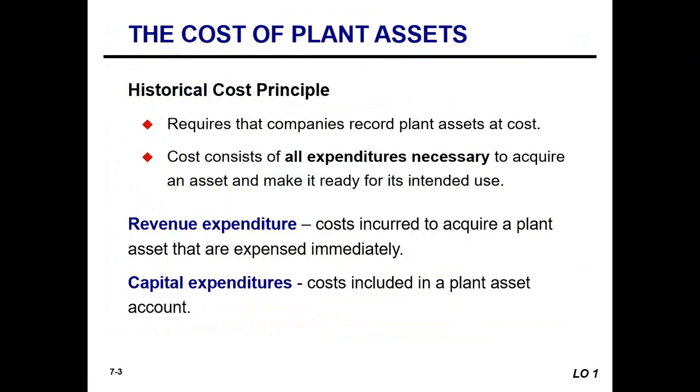Cost included in getting that fixed asset ready to perform its duty. This other word that they have here, revenue expenditures, those are items that we expense immediately to the income statement. We're taking those costs immediately against revenue. It's nothing new. It's what we've been doing all along when we expense items. They just like to throw a new word in here.